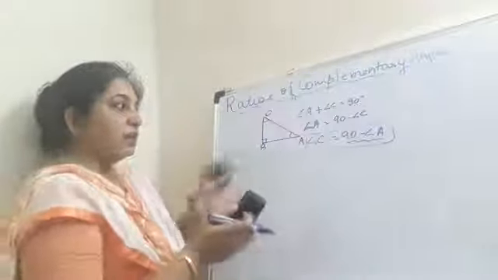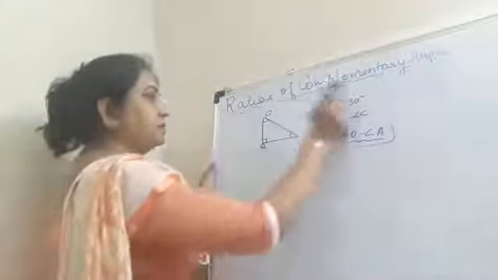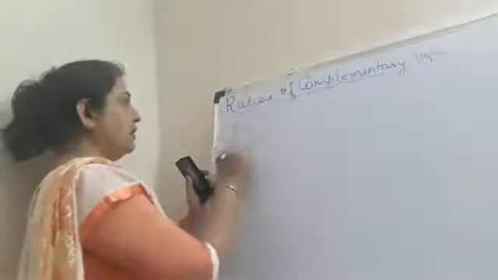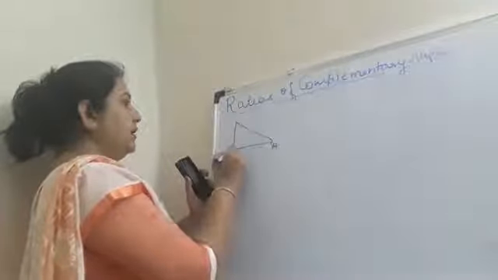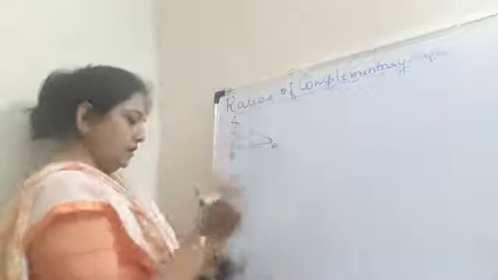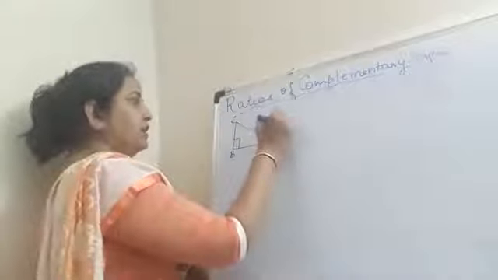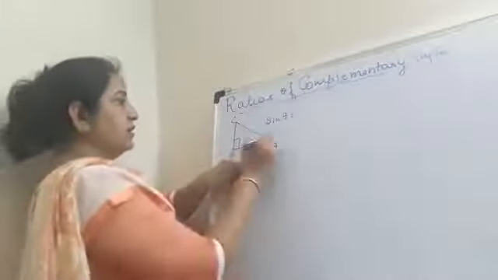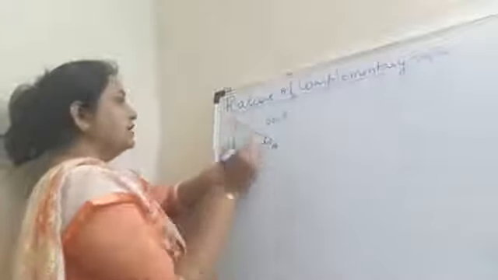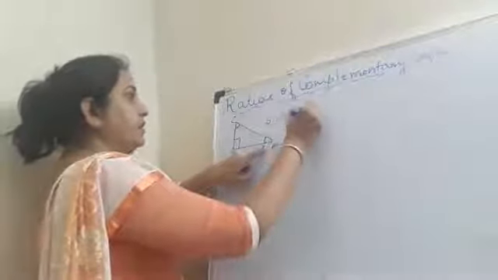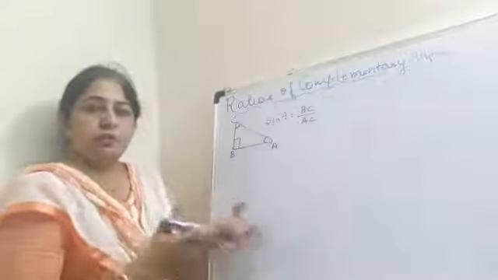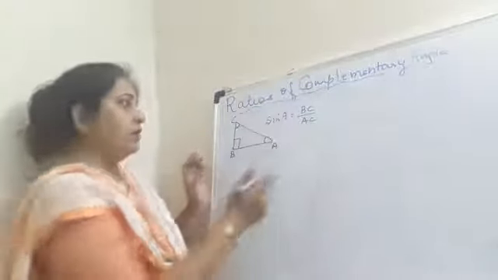Okay, so we start with the proof, and I am rubbing this, making it here once again, A, B, C, and we now start for sine A. When I say sine A, it is BC upon AC, because you know the ratios, opposite upon hypotenuse and so on.